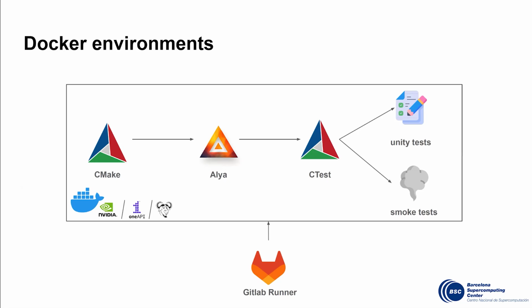So we generate the binary, and we use CTest that comes along with CMake to run different kinds of tests. We have unit tests that serve to test a particular feature. Each time we add a new functionality in the code, we add a corresponding test in ALYA. And we have smoke tests that are whole executions of ALYA, but without testing the output. We just want to ensure that we don't have any crash, any segmentation fault.